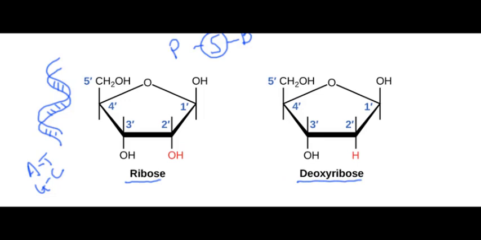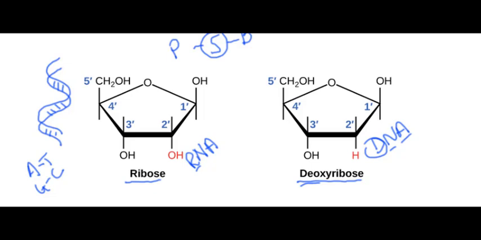If you are constructing a molecule of DNA, you will have deoxyribose as the sugar. RNA will be made from ribose. So in that case, we have RNA for ribonucleic acid. NA is nucleic acid. And then DNA for deoxyribonucleic acid, coming from deoxyribose.